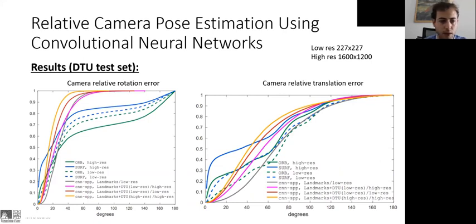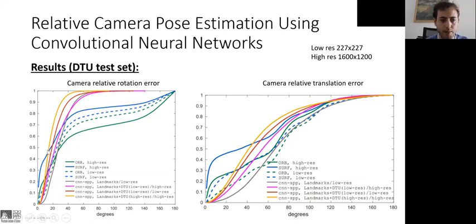Okay, so let's see some results. What we see here, the y-axis is the ratio of the pairs of cameras and the x-axis is the rotation errors in degrees for this plot.